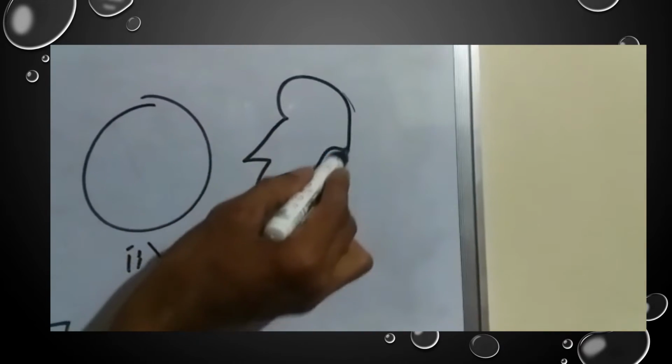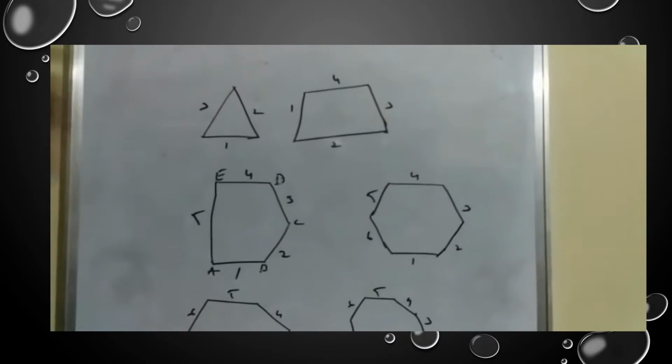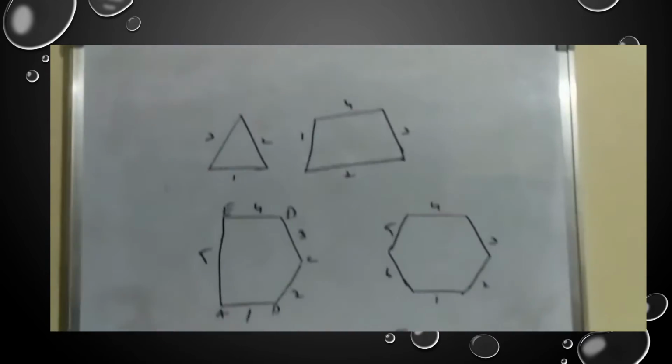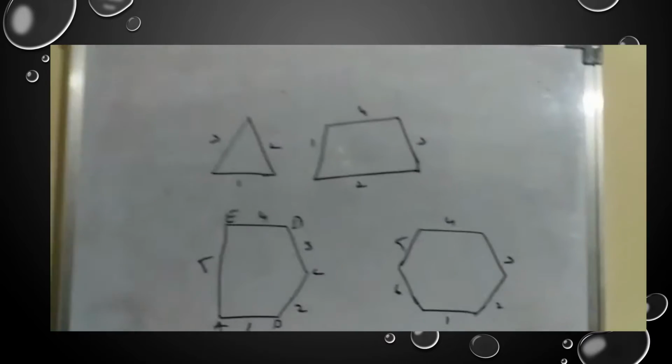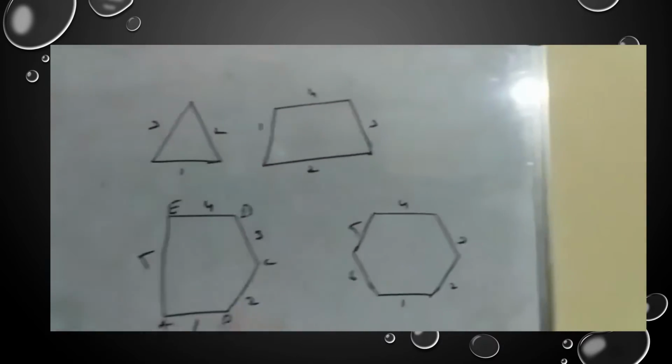Here also, it is not a polygon. Here it is a polygon. Understood clearly? What is a polygon? A simple closed figure bounded by line segments is called a polygon. Based on the sides, we can decide.